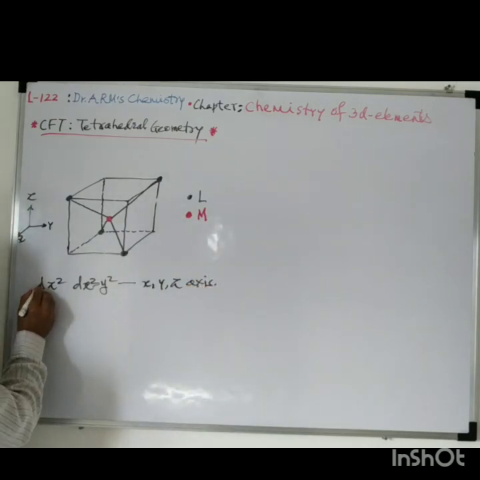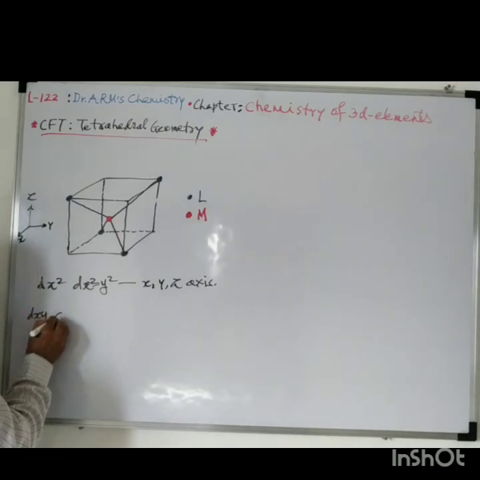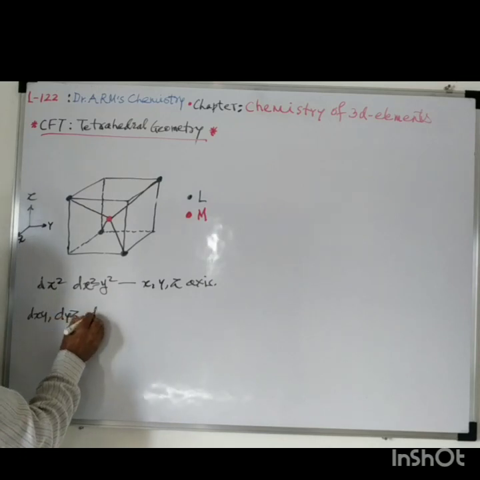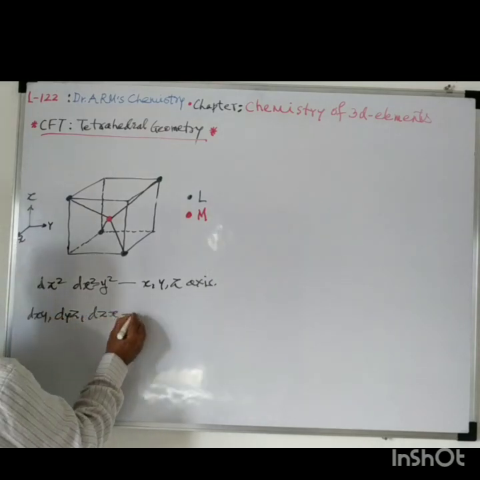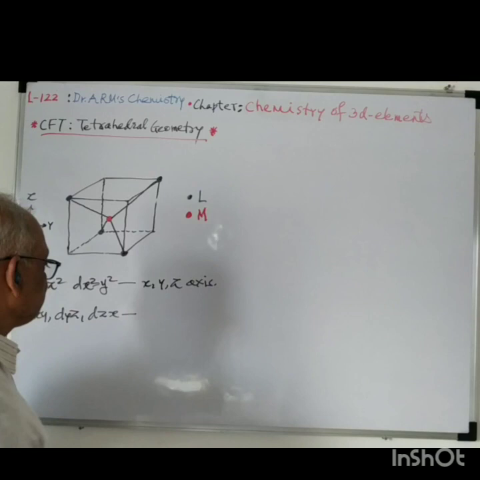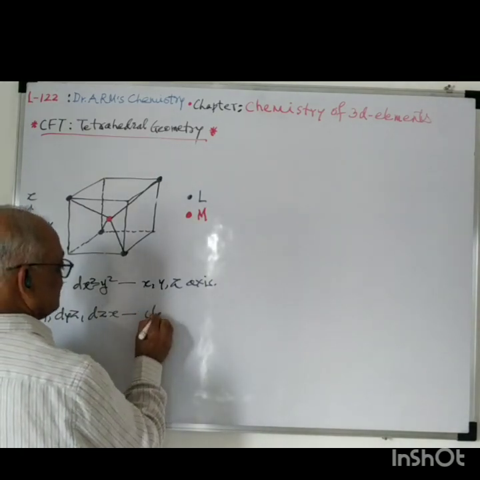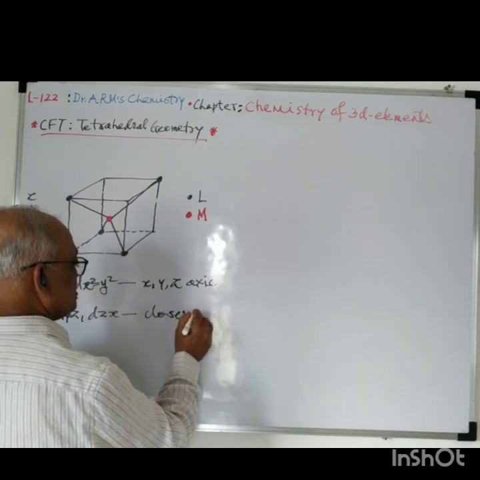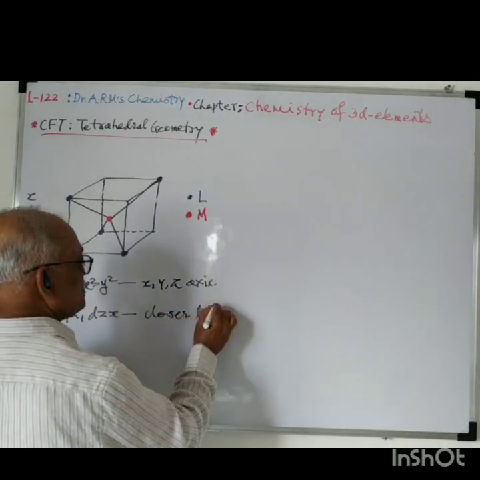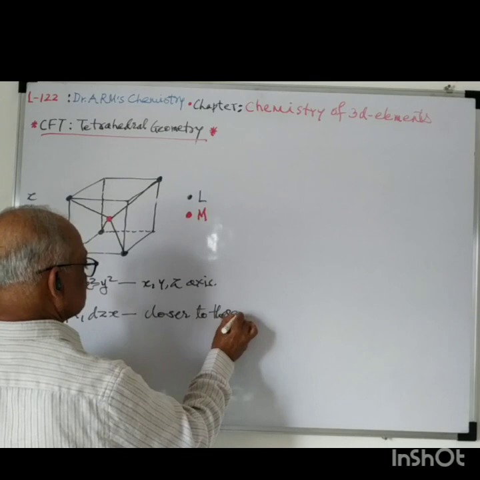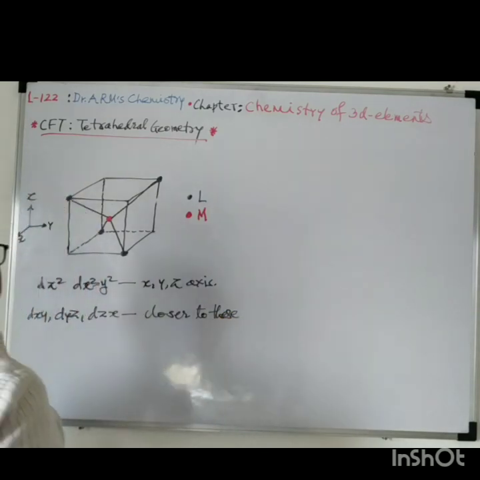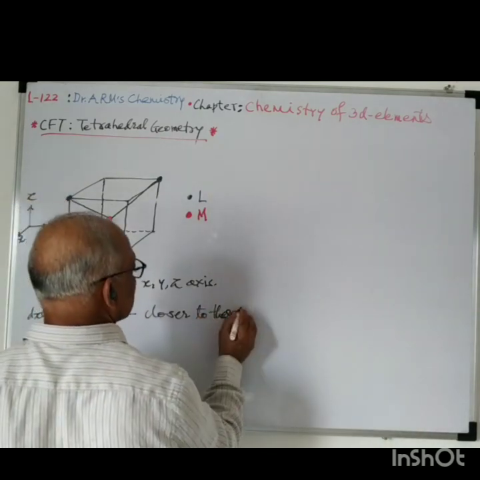Whereas the orbitals such as dxy, dyz, and dzx are lying closer to these ligands.